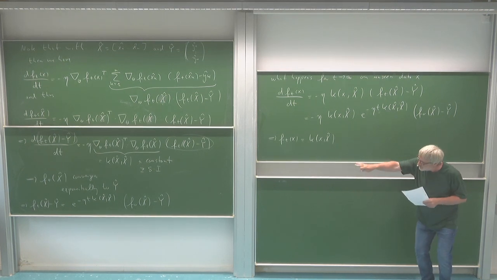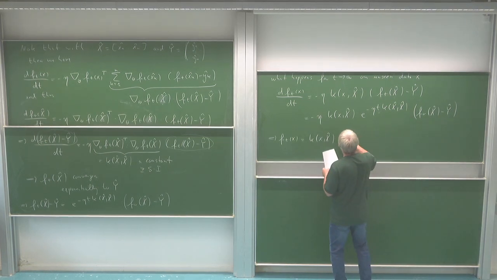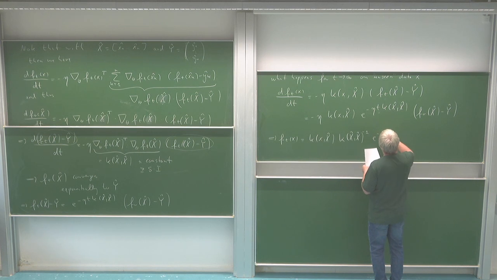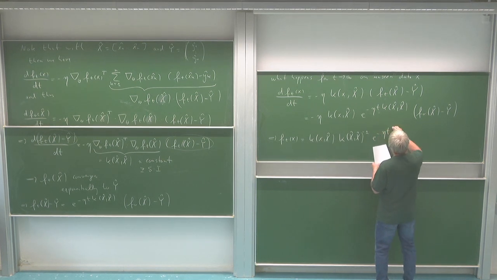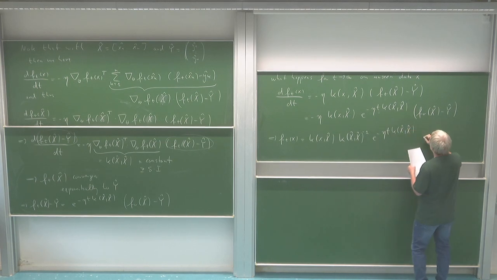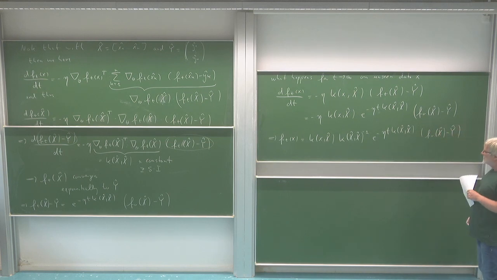And of course, because eigenvalues are not 0, the inverse exists. So I should repair this guy here by taking the inverse. So I take k of x hat inverse, and then I take e to the minus eta t k of x hat multiplied with f0 of x hat minus y hat.